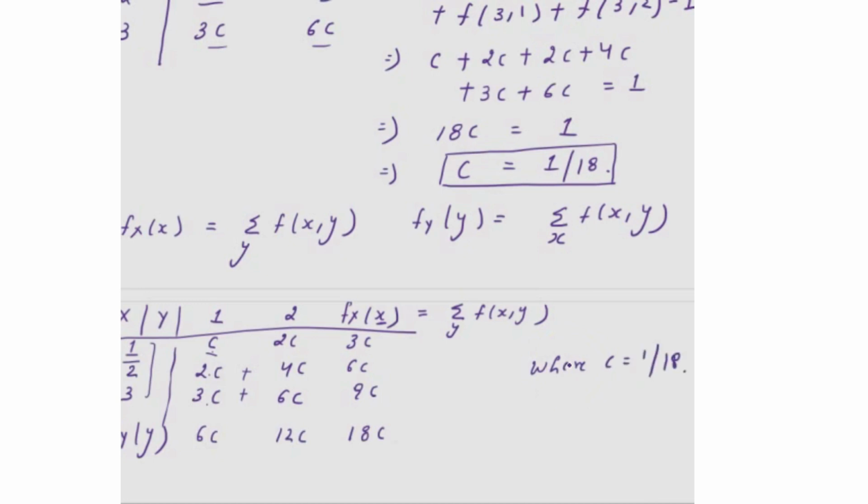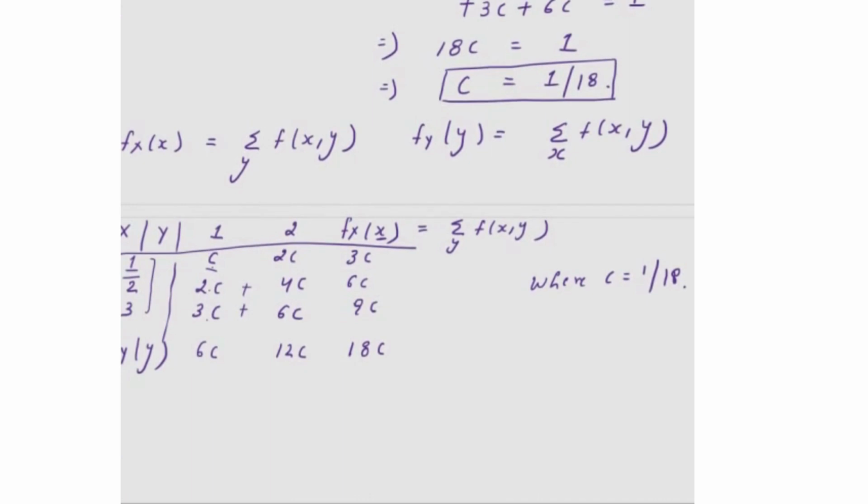So what are the values of fx of x and fy of y? The marginal density of x, when x is taking values 1, 2 and 3, is 3c at x equals 1, 6c at x equals 2, and 9c at x equals 3. Since c is equal to 1 by 18, substitute the value of c.